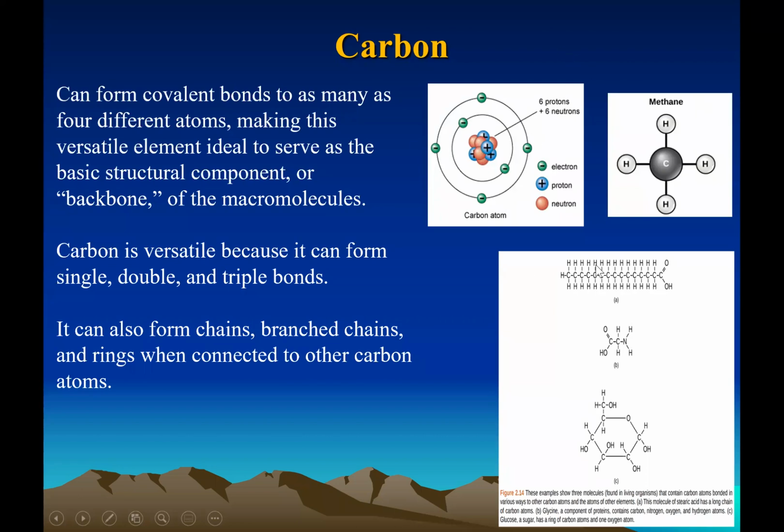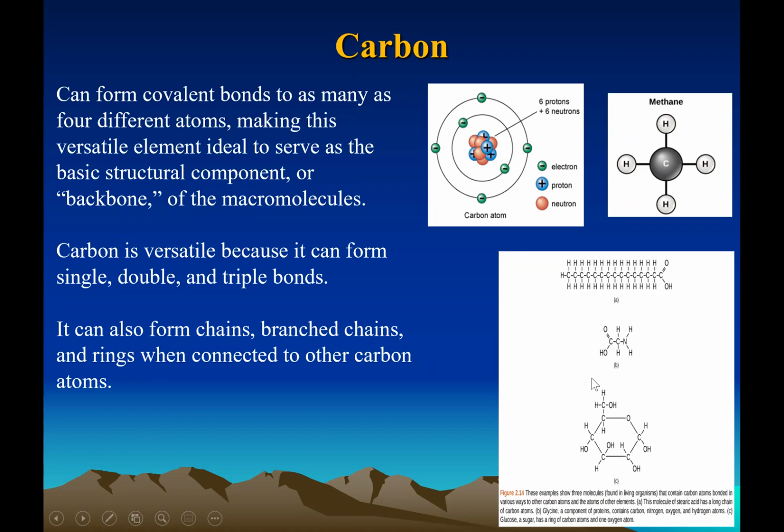And here's another picture of the different shells. There are 2 shells. It can bond with 4 different atoms. Another thing is it can either make single bonds like this, sharing 1 pair of electrons, or double bonds sometimes. So it's just versatile. Even triple bonds are available too.